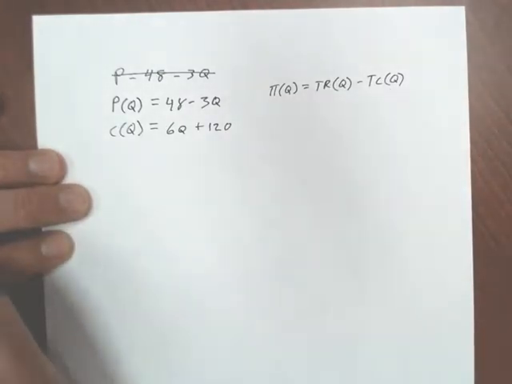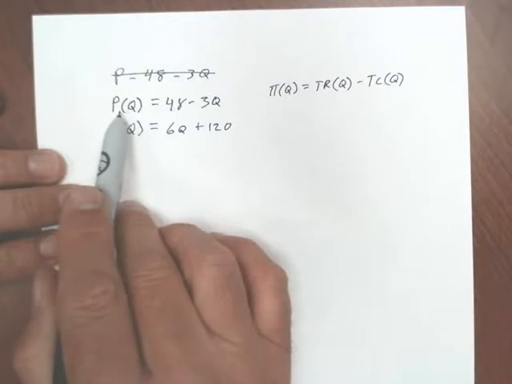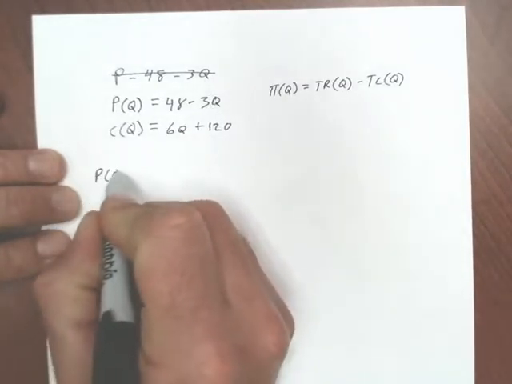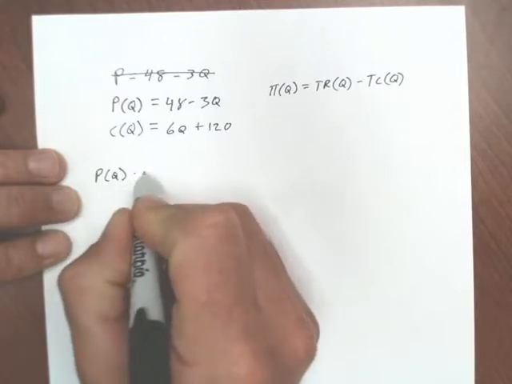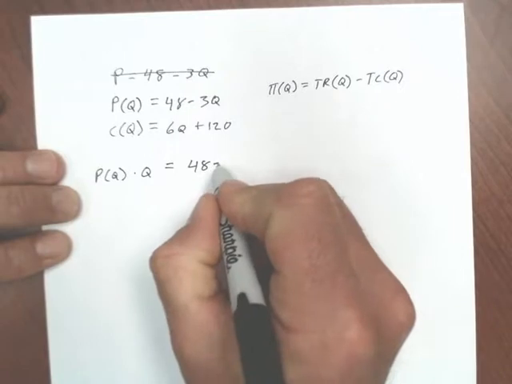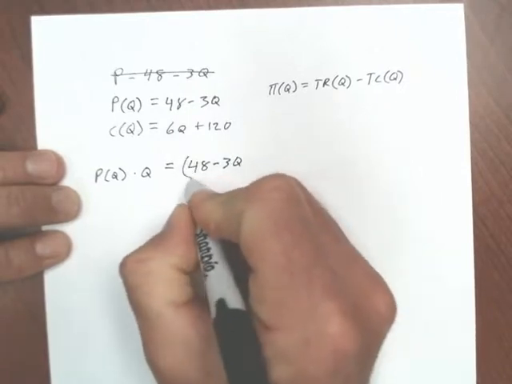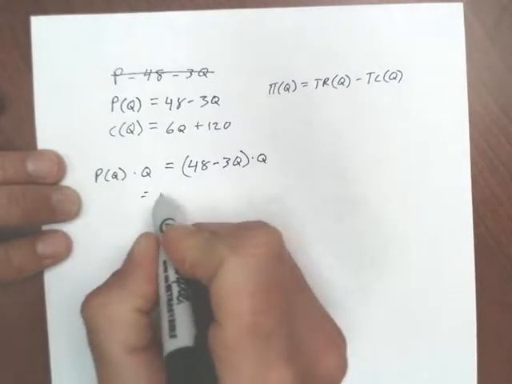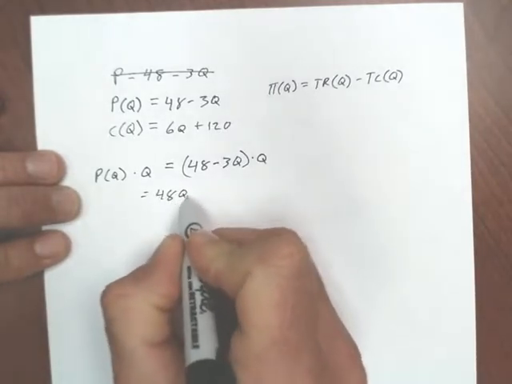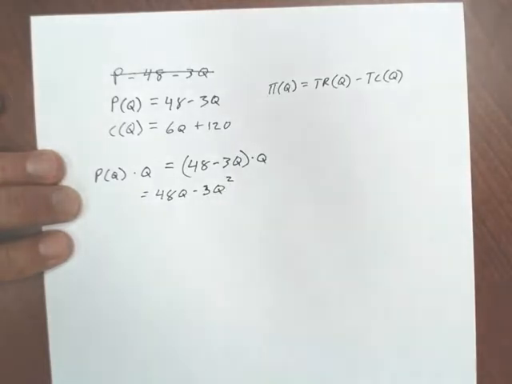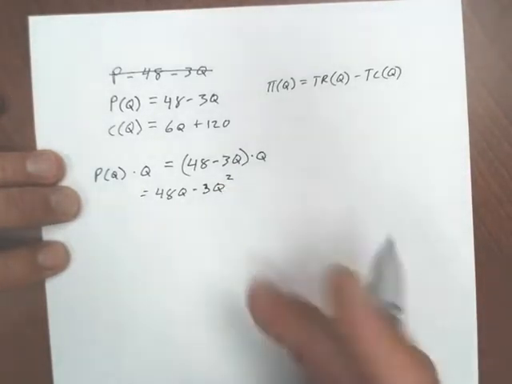Well, it's P times Q. So P of Q times Q equals 48 minus 3Q times Q, and that is total revenue. So this equals 48Q minus 3Q squared.